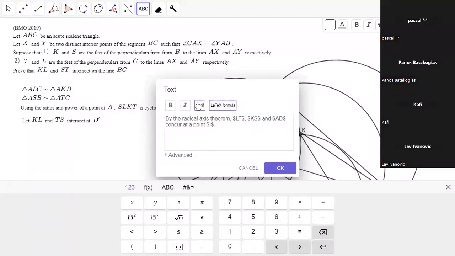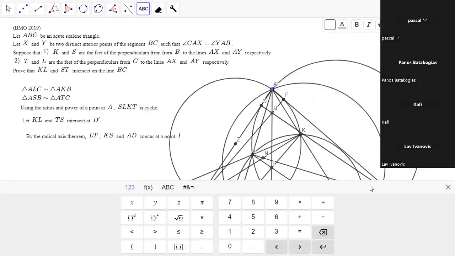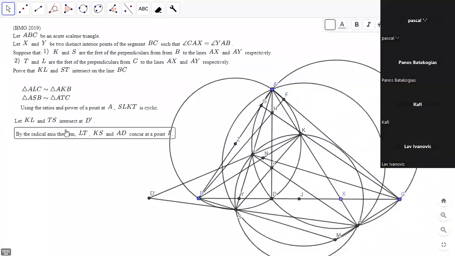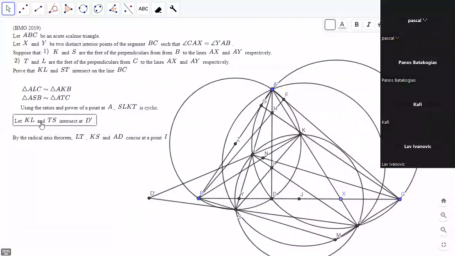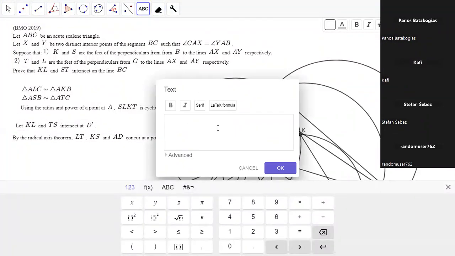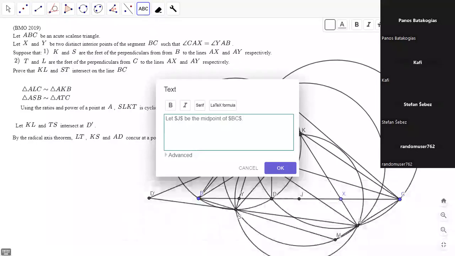All right. And by Brocard's theorem, okay, now we need to show, so let J be the circumcenter of SLKT. No, J is the midpoint of BC. Oh, sorry. Let J be the midpoint of BC. Then we're going to show it's that circumcenter.